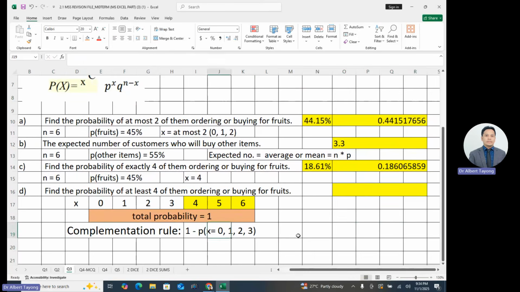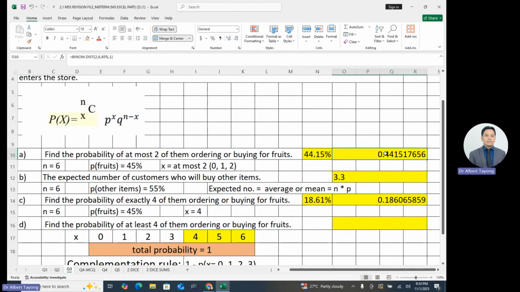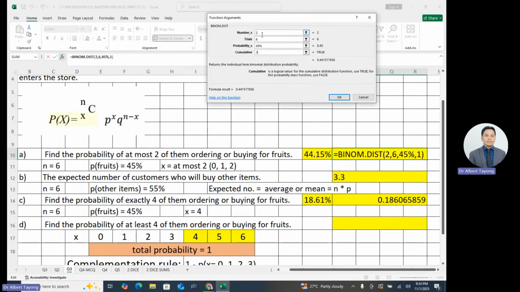So we are doing this because Excel cannot easily manage if it is at least, if it is on the right. If it is at most, it's very easy, like this one, because it is programmed like that. Okay, when you put 1 as cumulative, it's going to calculate from left to right.